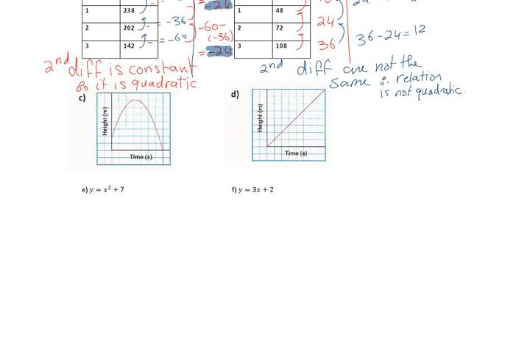The first graph has a parabola shape, which means quadratic. And the second one is linear, so not quadratic.